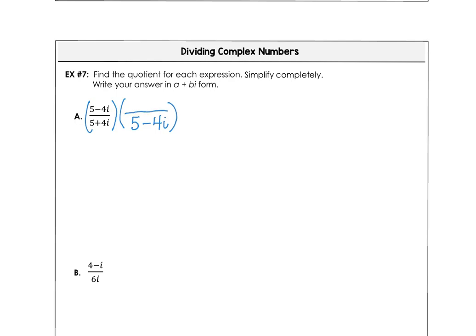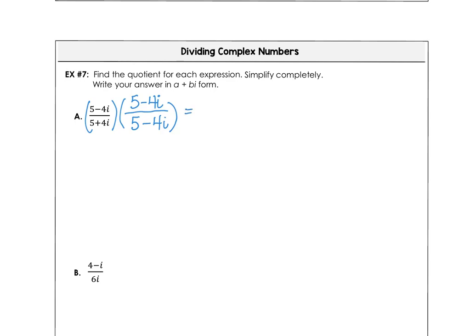And we saw that when we multiplied. So I'm going to write 5 minus 4i as a form of 1 here. This is the number 1. And we're going to multiply the numerator and the denominator by this well-chosen 1.